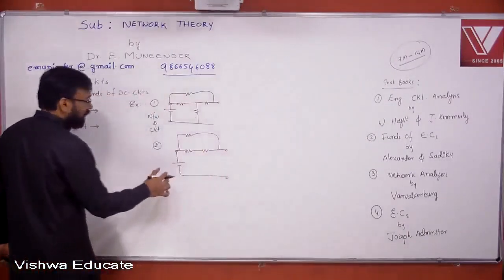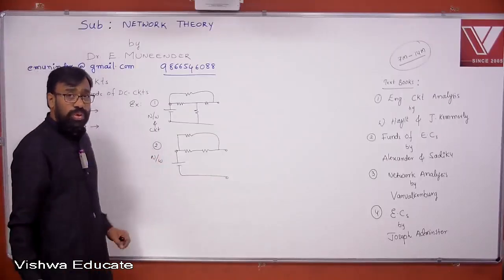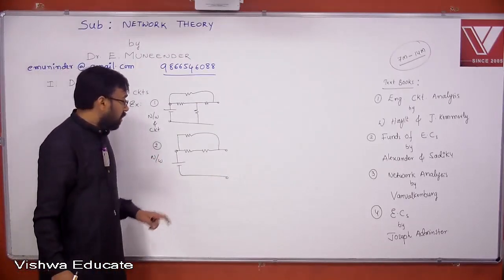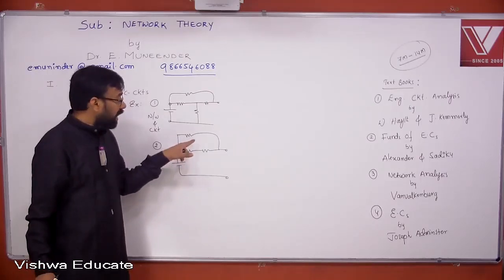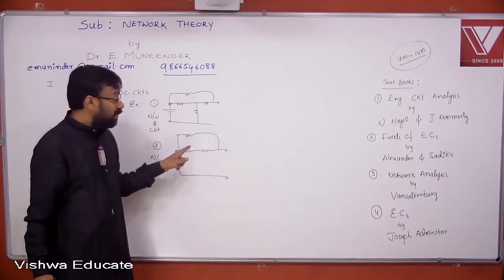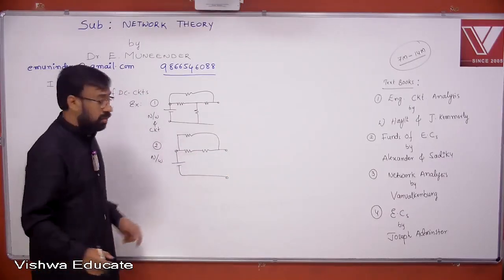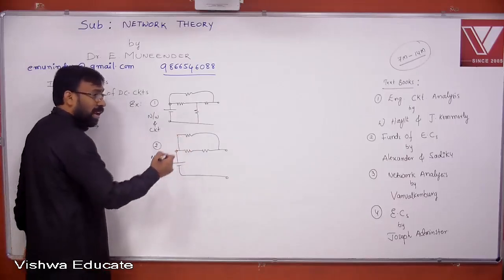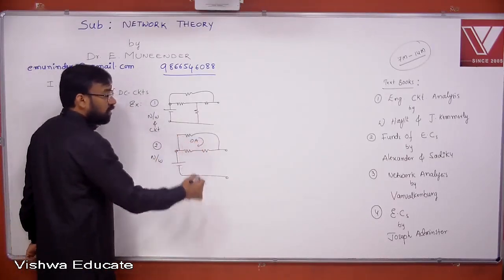Look at this. It is a combination of various electrical elements, therefore it is called a network. Is it having any closed path? Yes, there is a closed path, it looks like. But do you expect any current in this particular closed path? Because it is an open circuit, can you expect any current in this particular closed path? You cannot. Therefore, it looks like a closed path, but the current flowing in this particular closed path is how much? 0 ampere.